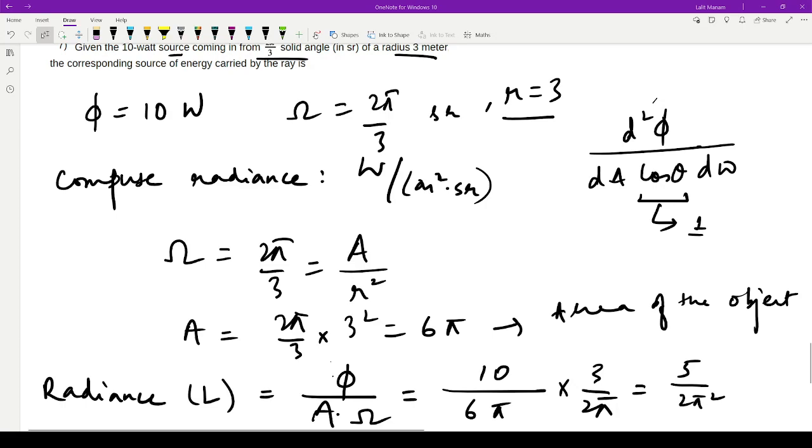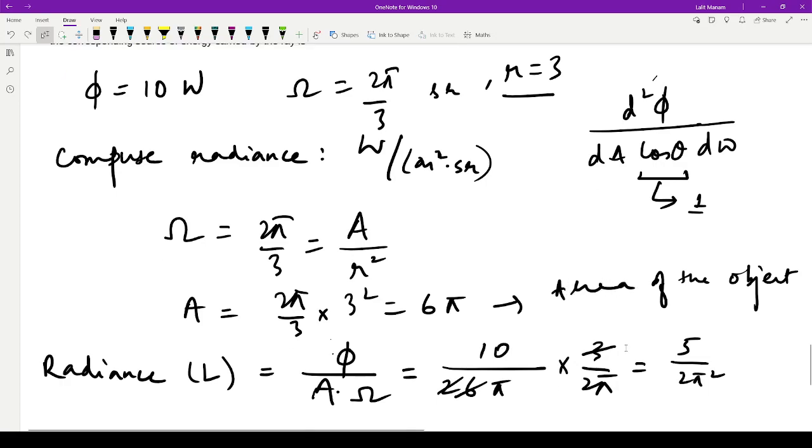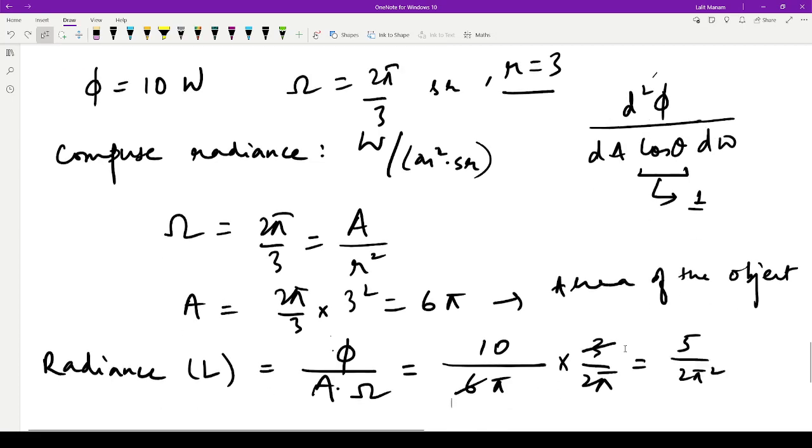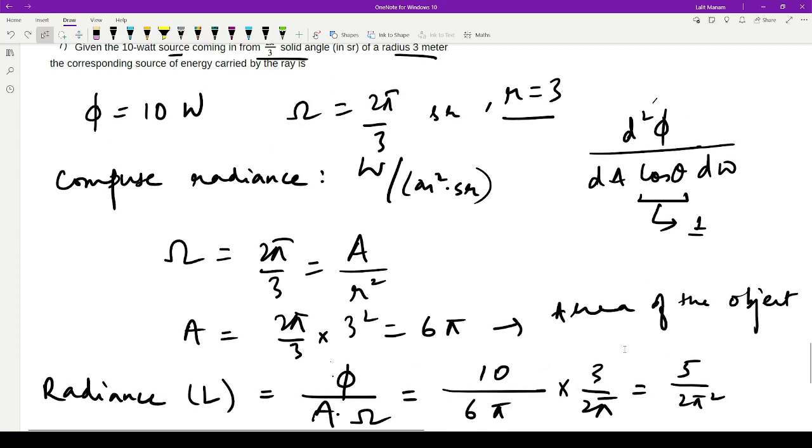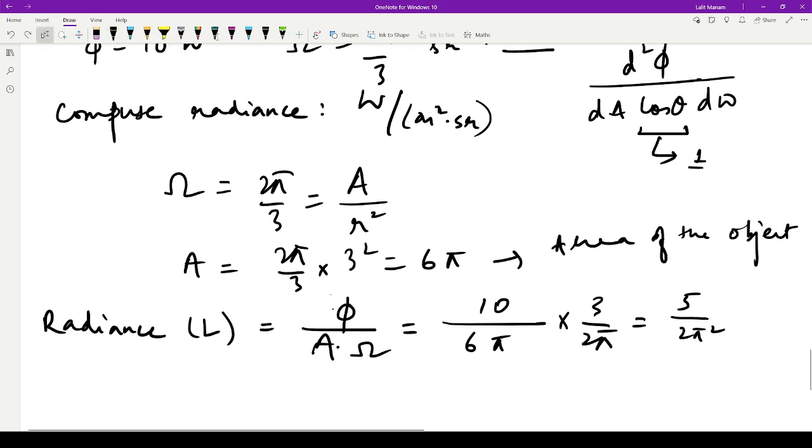We have this 3 out there, and 2 turns out to be 5. So 5 by 2 pi square. Okay, sir. This is fine.